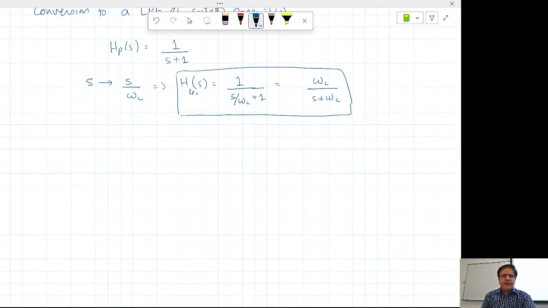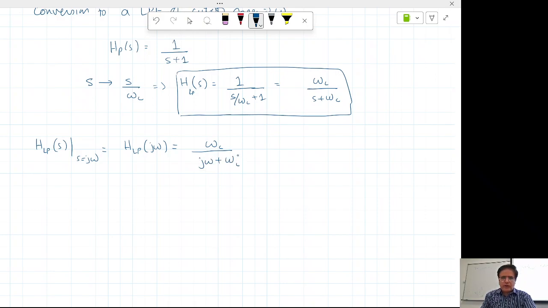Now again, to get the frequency response from this transfer function, what do we do? We just replace s with j omega. So we have H_LP of j omega equal to omega c over j omega plus omega c.